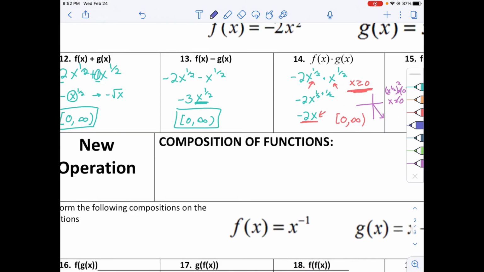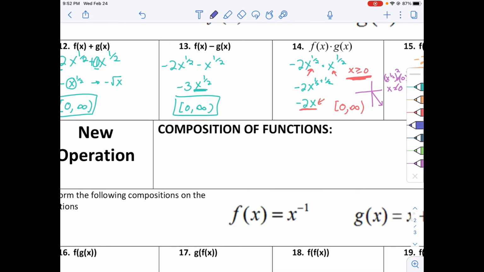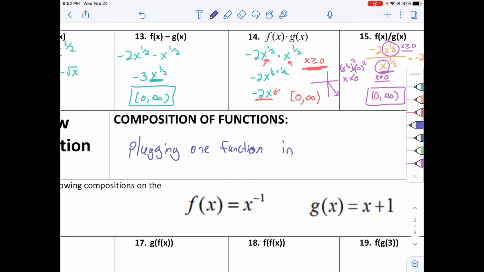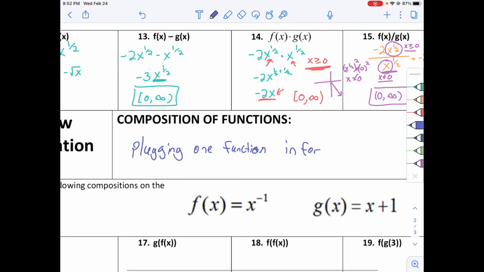Okay, next up, composition of functions. So you should have done these in the past, all right? What a composition of functions is, we're just plugging one function in for x into another function.